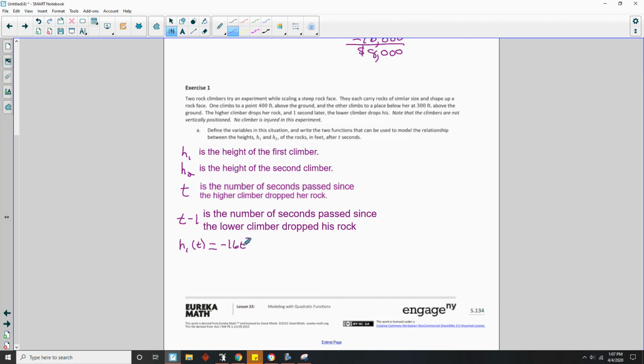That's the physics formula. Okay, because 400 feet above the ground, and H sub 2 of T equals negative 16T squared plus 300. So there's our two equations.